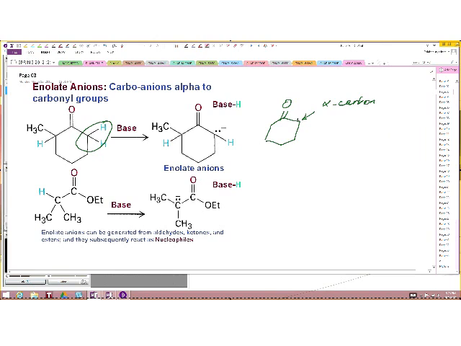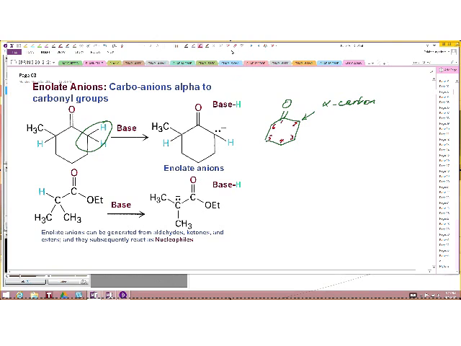That is the carbon that is attached to the carbonyl. The carbon that is next to it, if you want to number these carbons here, starting from the carbonyl, 1, 2, 3, and 4, 5, and 6.